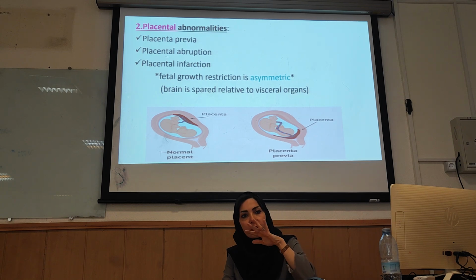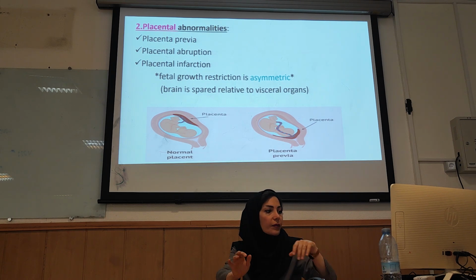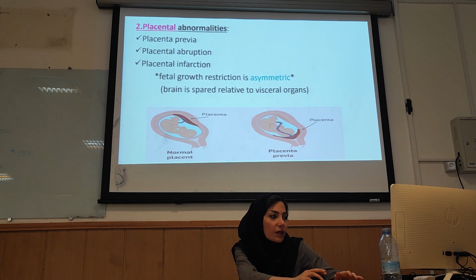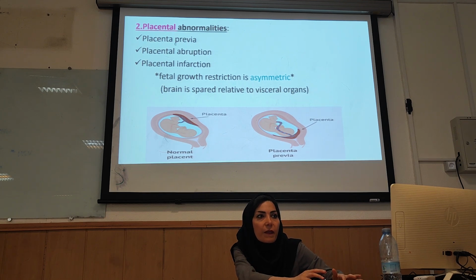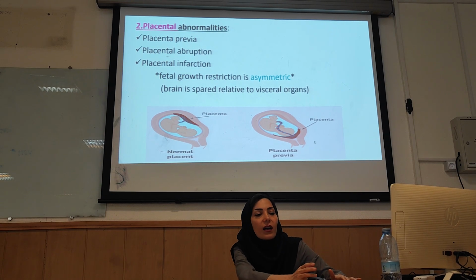The brain is usually spared relative to visceral organs. Do you know placenta previa? What does it mean? I think it's when the placenta becomes implanted lower and blocks the cervix. Yes, lower position, and it is previa.